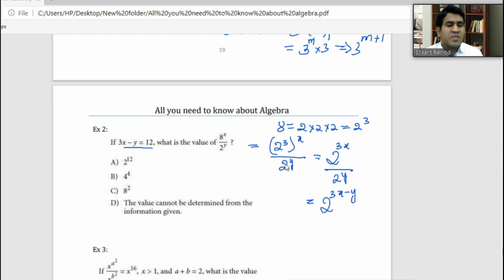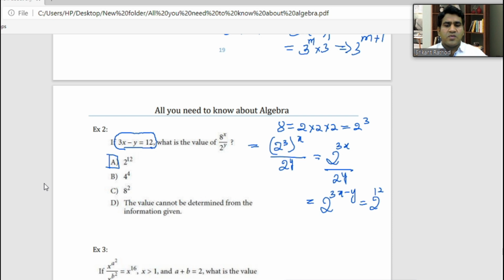In the same way, this is 2 to the power 3x minus y. And what they have given us is that the value of 3x minus y is 12. So don't try to solve for x and y, because this is the given condition. Then we can write 2 to the power 12 as your answer, and A is the right answer to this question.